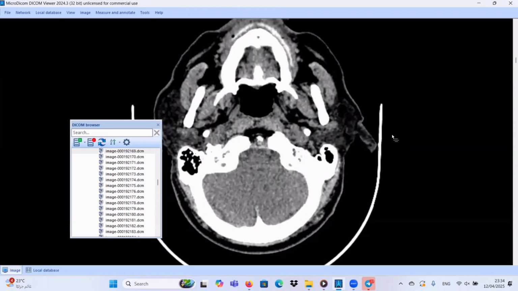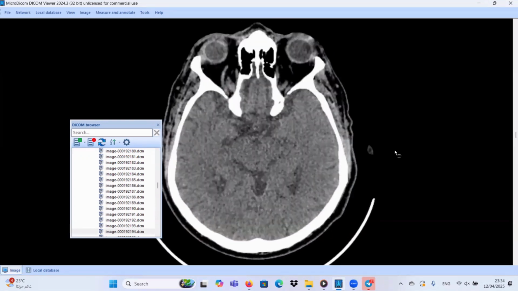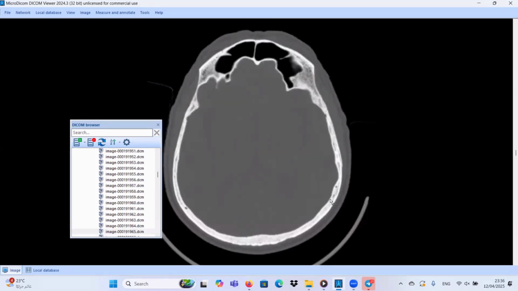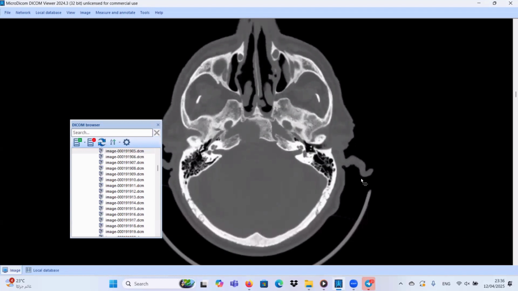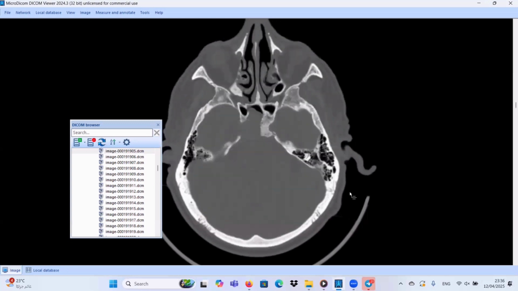Let's review this case in bone window to save your time. So this bone window for the same patient confirms that we have a lytic lesion with non-sclerotic margin involving the right aspect of the clivus, and this lytic lesion extends superiorly to involve the basisphenoid.